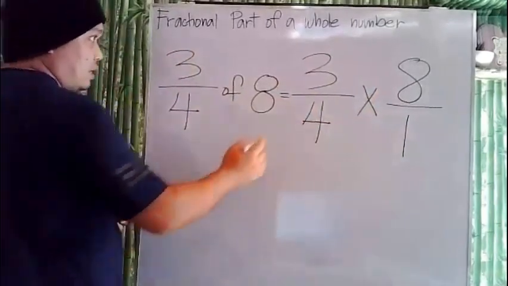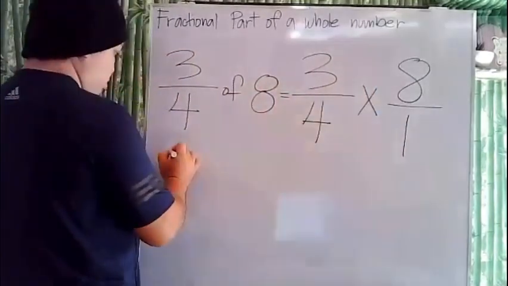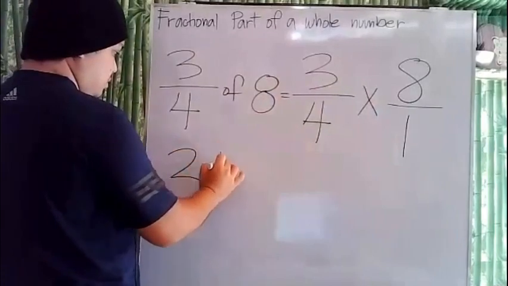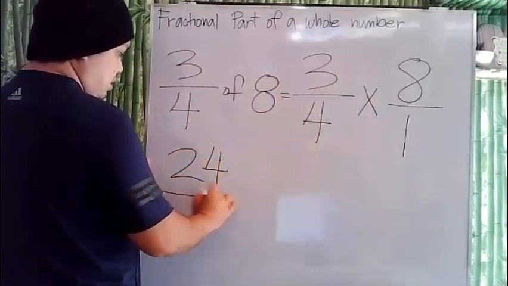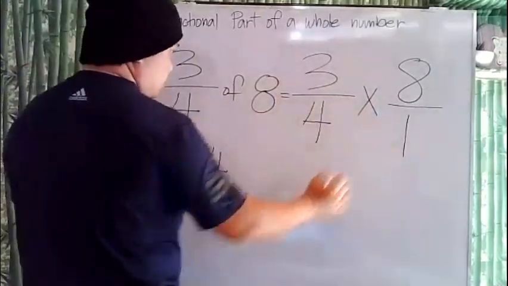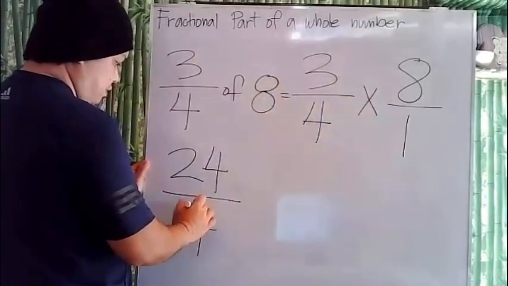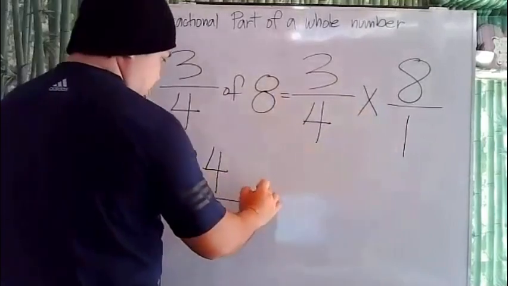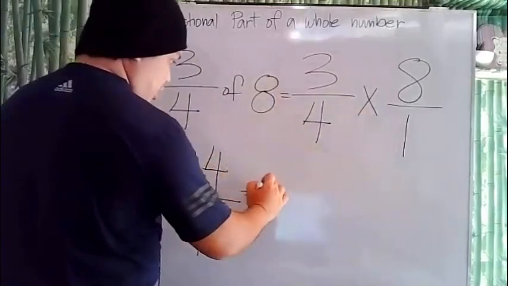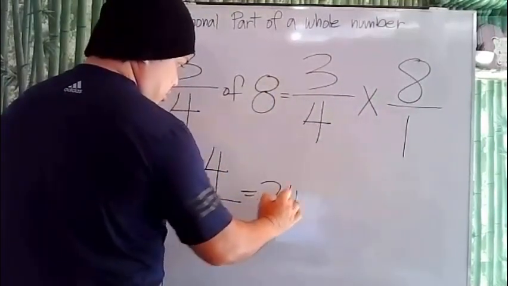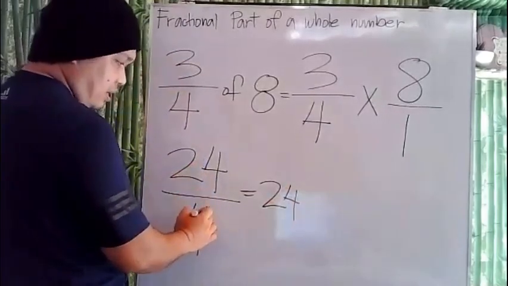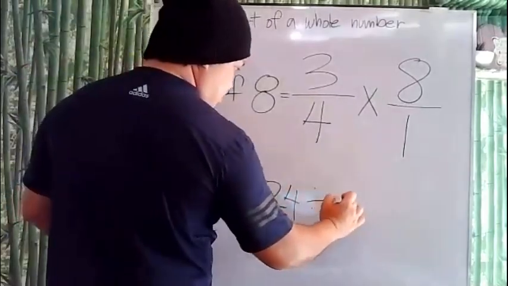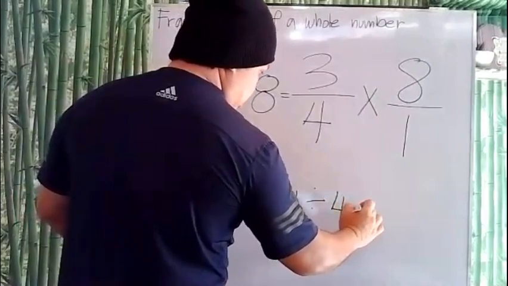So let's do that. 3 times 8 is 24, and 4 times 1 is 4. We have now 24 over 4. To answer that, just simply divide the numerator by its denominator. So 24 divided by 4, the answer is 6.